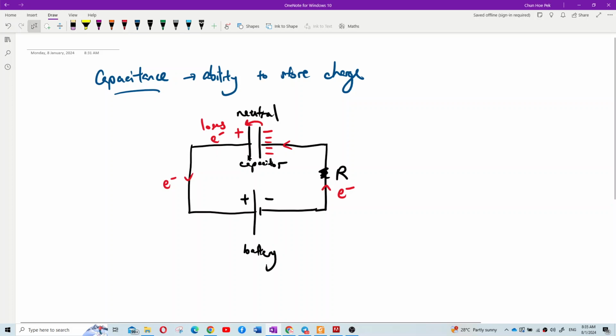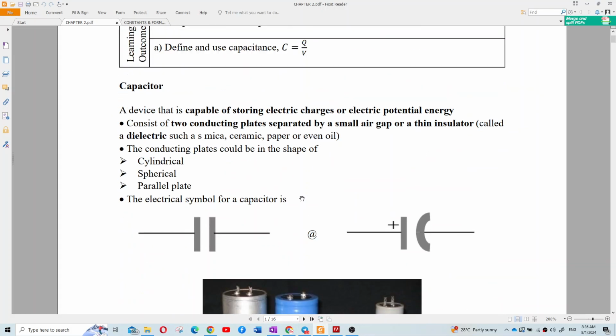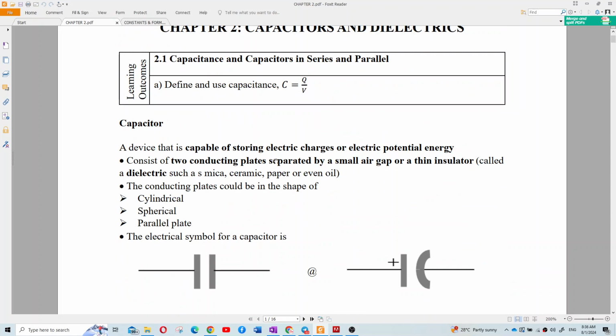Because in between they are separated. Just now we learned that in between them is a small air gap or an insulator. An insulator is not a conductor. We call it dielectric.